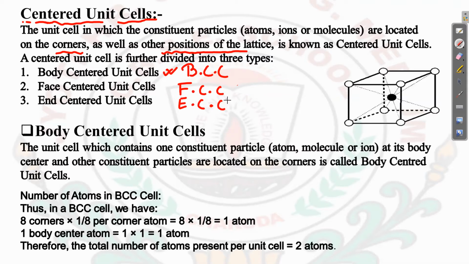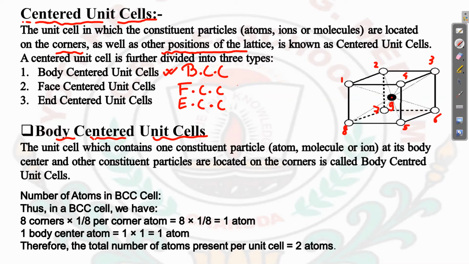These three types of centered unit cells will be shown here. Let's first discuss the body-centered unit cell. By the diagram here you can see eight particles are present at the corners, and one more particle is present at the center of this lattice.